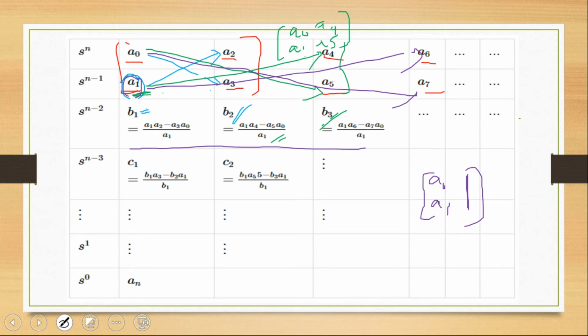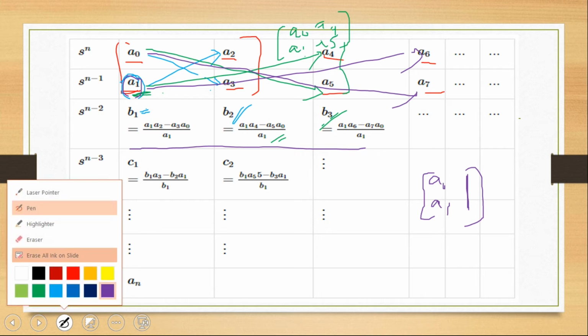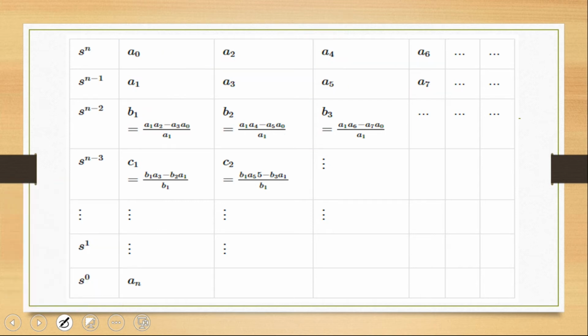Next we have to construct the fourth row. When we consider the fourth row, we will exclude the first row. Then we will have C1 equal to B1 into A3 minus A1 into B2, divided by B1.